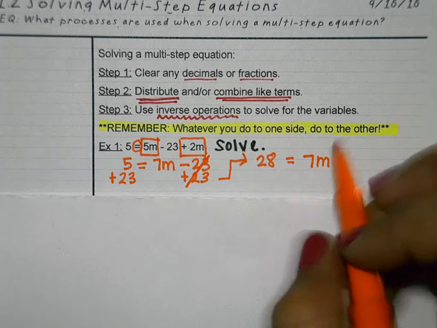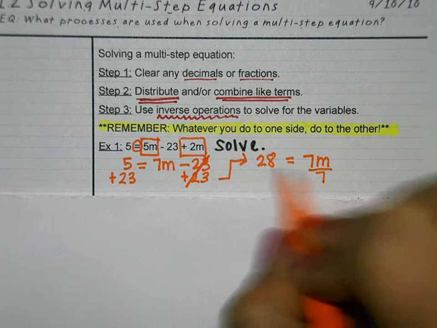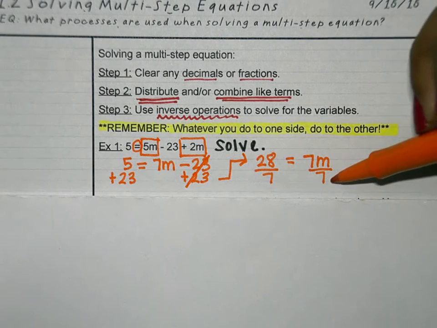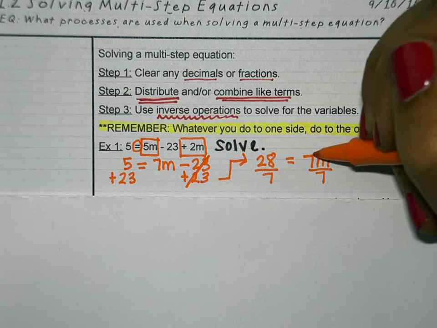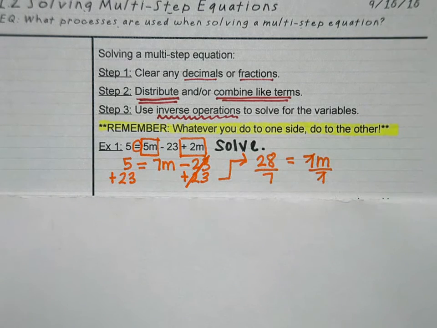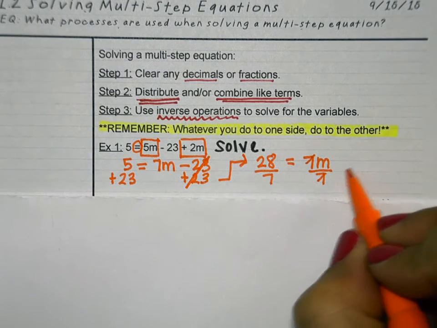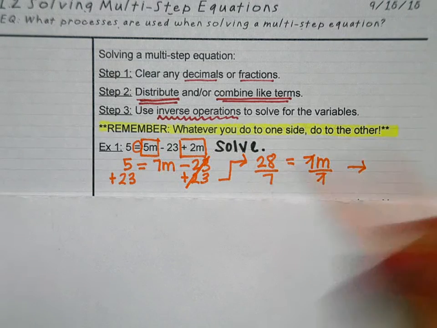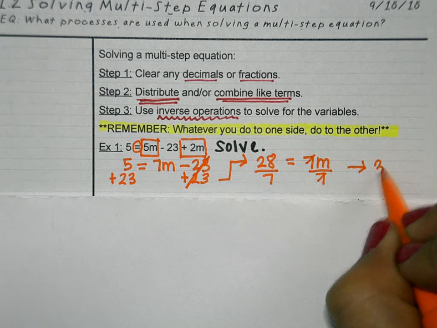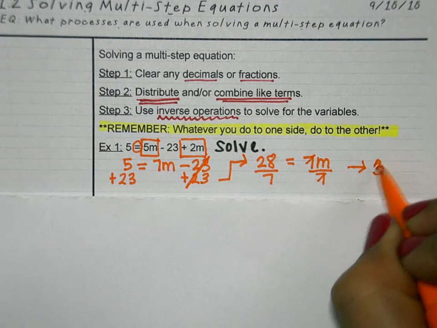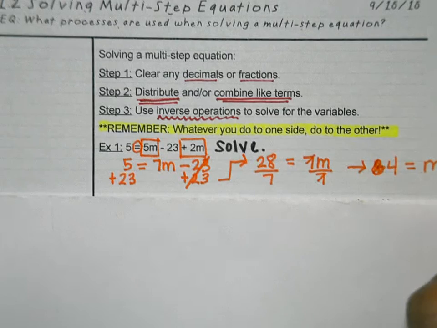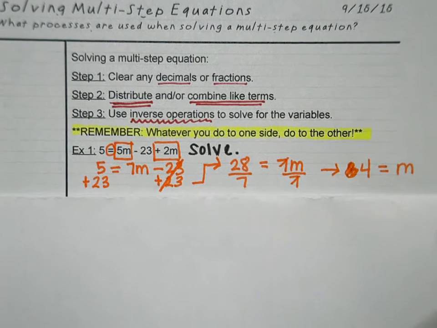So to get rid of multiplication, I divide both sides by 7. The reason we do this is that 7 divided by 7 gives me 1. So the 7's end up reducing to 1. 28 divided by 7 gives me 4 equals 1m. So I solved for m.